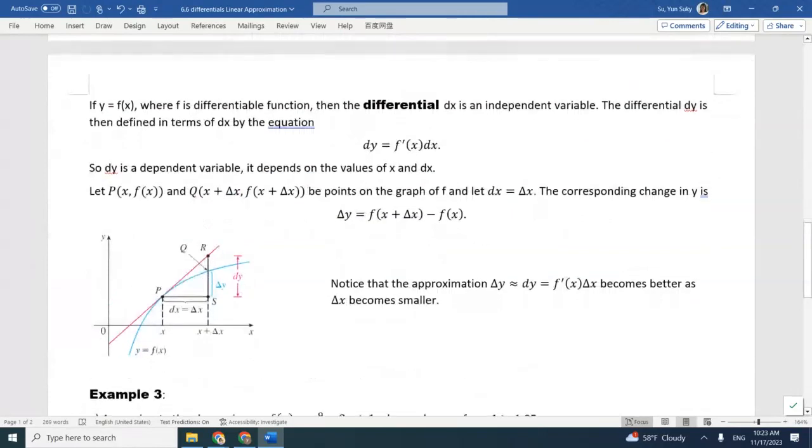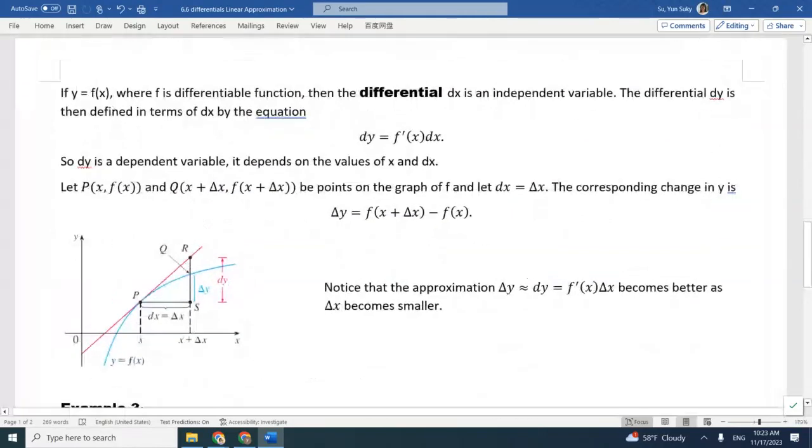Okay, next one. If y equals f of x, where f is a differentiable function, then the differential dx is an independent variable. The differential dy is then defined in terms of dx by the equation. We know dy dx is f prime of x. It's just different ways to write the derivative.